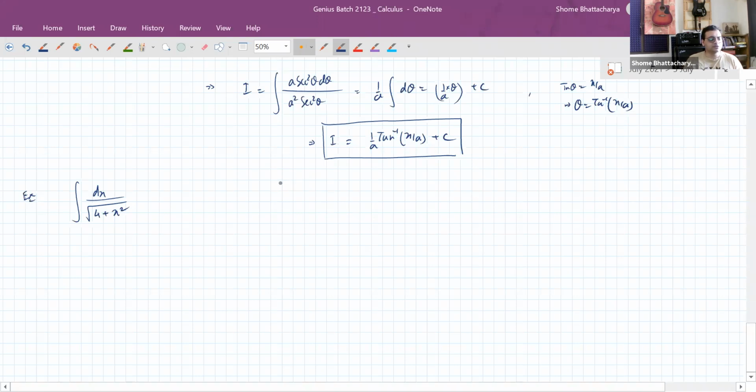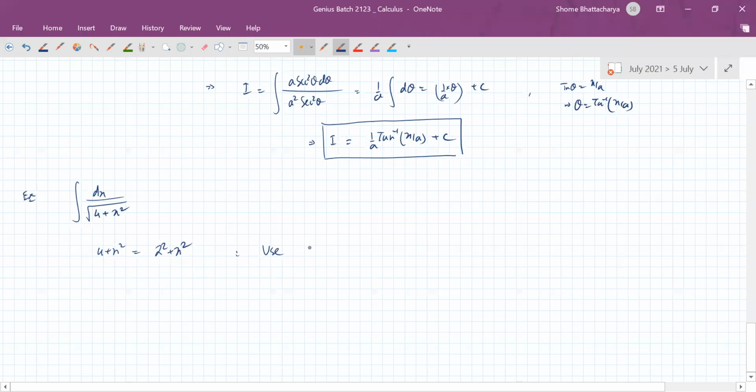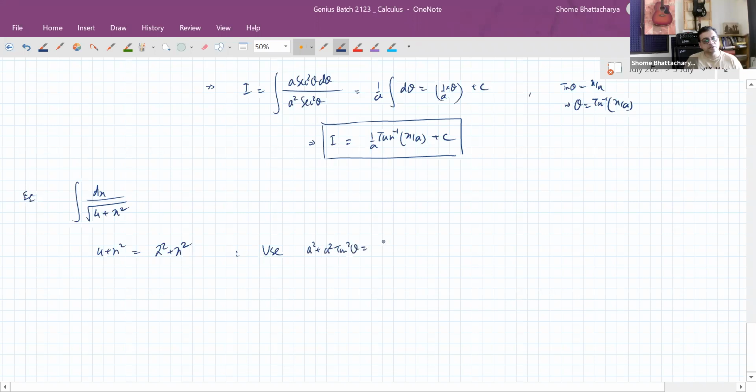However, I can still make use of the identity. So I can write 4 plus x square as 2 square plus x square. And we can use the identity that a square plus a square tan square theta is equal to a square sec square theta.